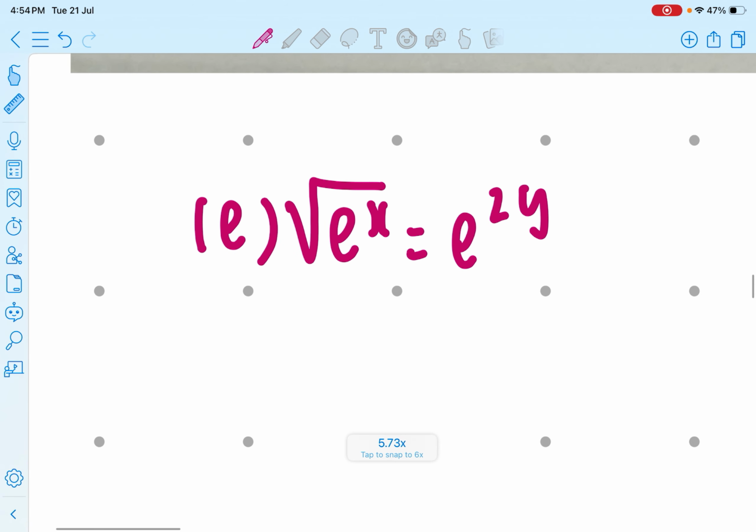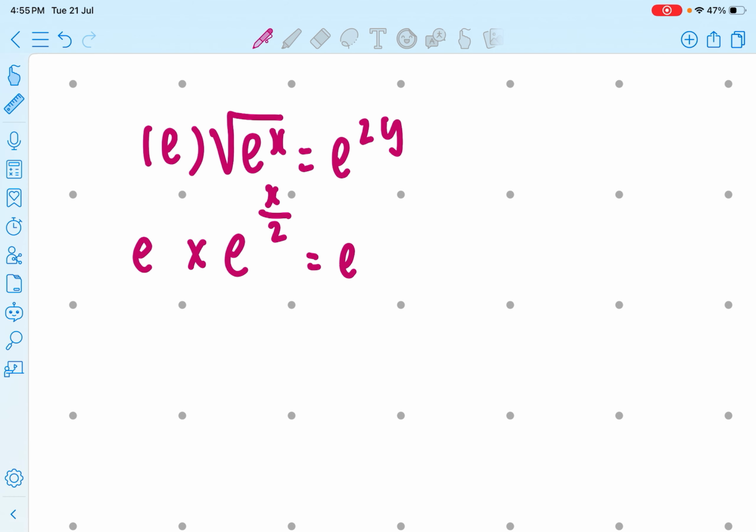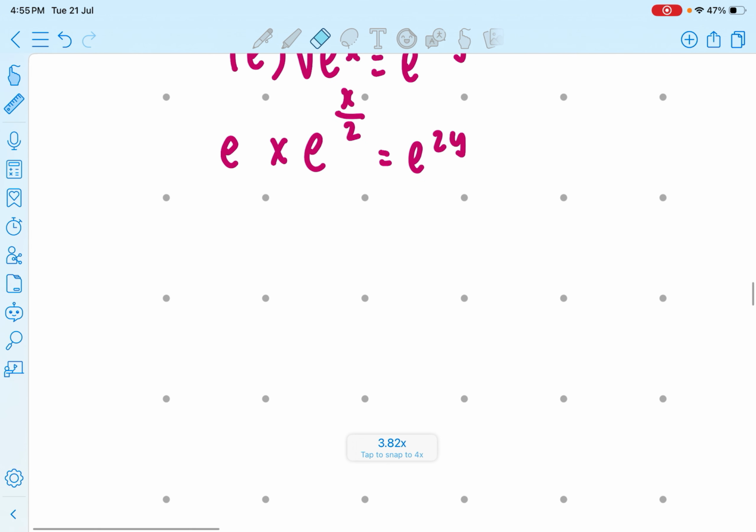If we look at this square root, you can simplify it. e can be expressed as e^1, multiplied by the square root, which is power half, so it will be e^(x/2), which equals e^(2y). The reason I did that is because a square root is something to the power half, and this power half multiplied by x gives x over 2.